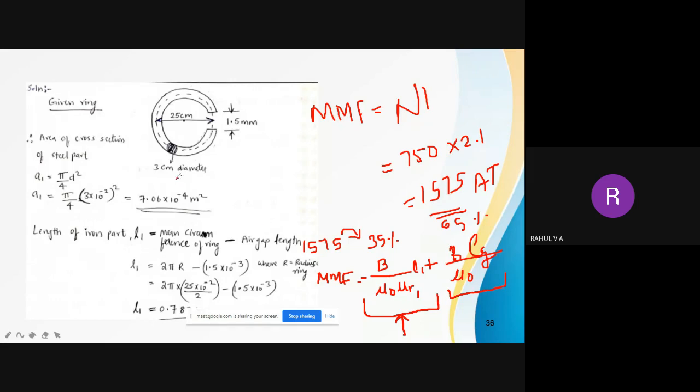So I can write 65 percentage of 1575, that is 65 into 1575 divided by 100, equal to B divided by mu 0 into Lg.